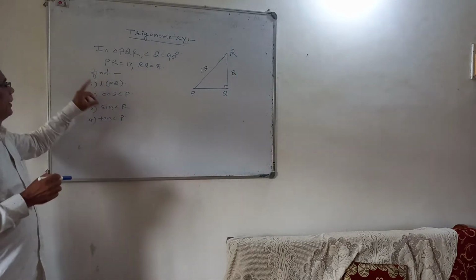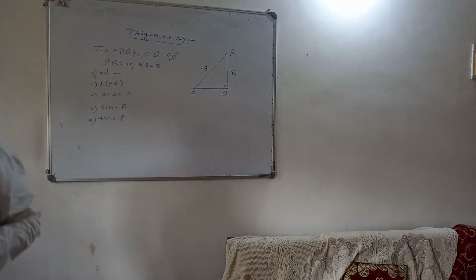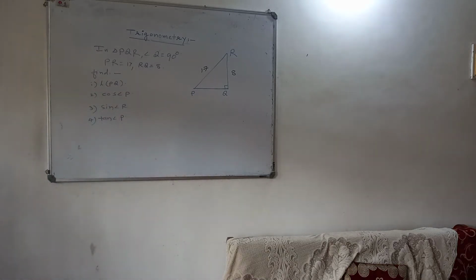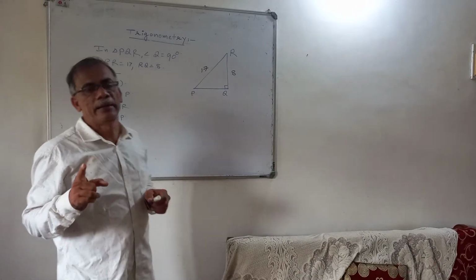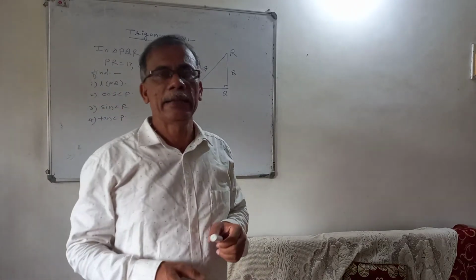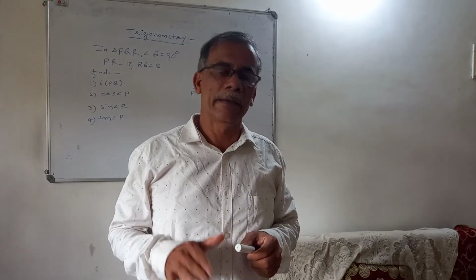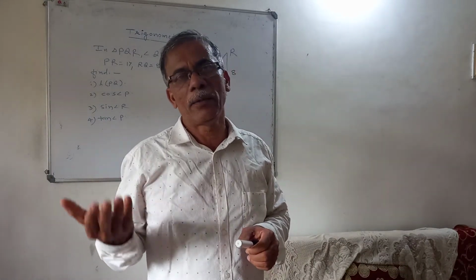And find length PQ. So in this right angle triangle, we are not given one side. So we have to calculate that side first. So how to calculate now? As you know, this is a right angle triangle. And in a right angle triangle, if you know two sides, to calculate the third side, we always use Pythagoras theorem.